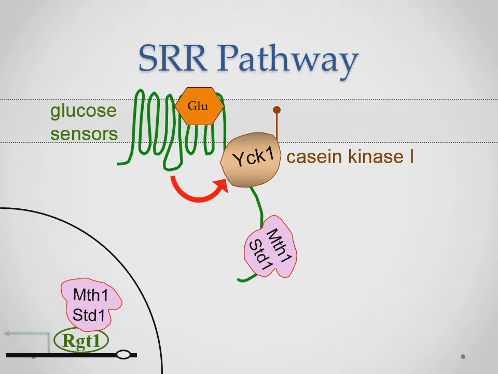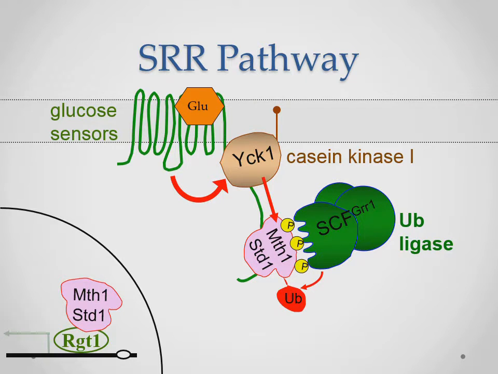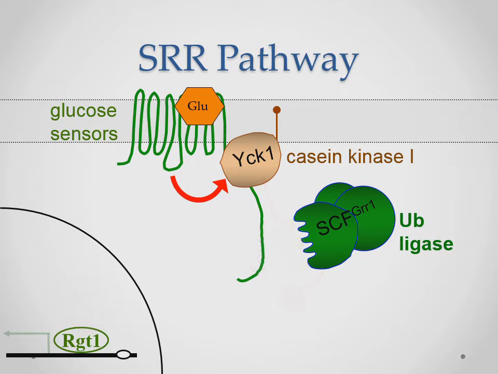However, when glucose becomes present, the current model states that there's some sort of activation of the yeast casein kinase, and this activation causes the phosphorylation of the co-repressors, and once we get phosphorylation of the co-repressors, they're recognized for ubiquitination, which causes their degradation, and upon their degradation, they no longer interact with the repressor RGT1.